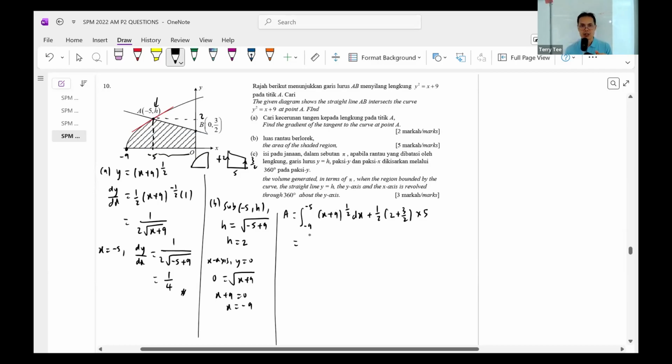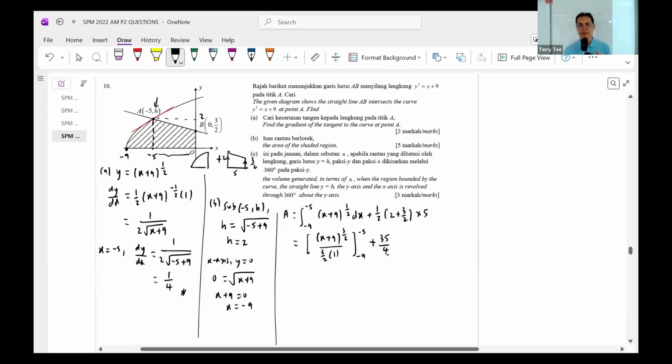So let us integrate now. When I integrate, I copy the bracket and increase the power by 1: half plus 1 is 3 over 2. Divide by 3 over 2, and divide by the derivative of the inside bracket, 1. Lower limit negative 9, upper limit negative 5. The trapezium area is half times (2 plus 3 over 2) times 5, which is 35 over 4.